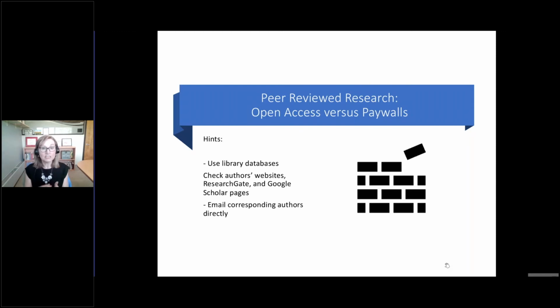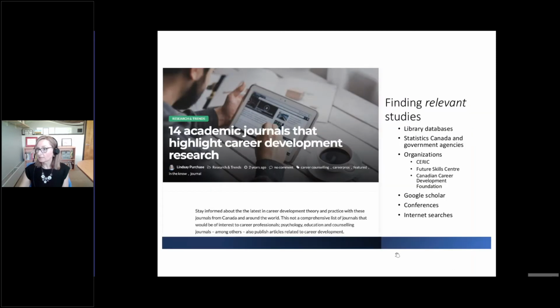You can actually just email the corresponding author and say, "Hi, I'm really interested in your research. I'm a practitioner. I think it might be relevant to my practice. I don't have access to a library database. Would you be willing to send me a copy?" Quite often people will do that, and so I encourage you to make use of that.